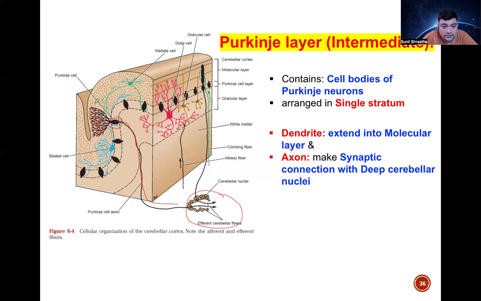Okay, so the dendrites are present here in the molecular layer, and the cell bodies are present in the Purkinje layer. And if you see the axon, they are now connecting with the cerebellar nuclei, or the deep cerebellar nuclei.